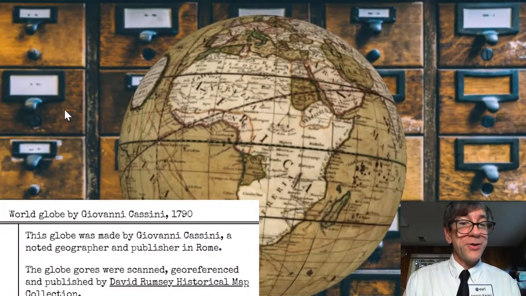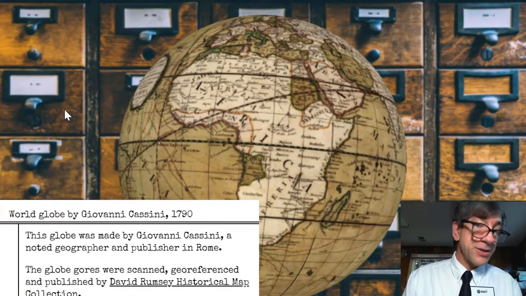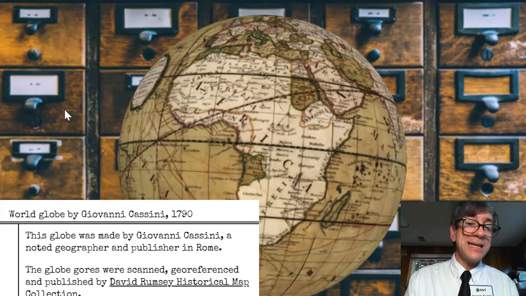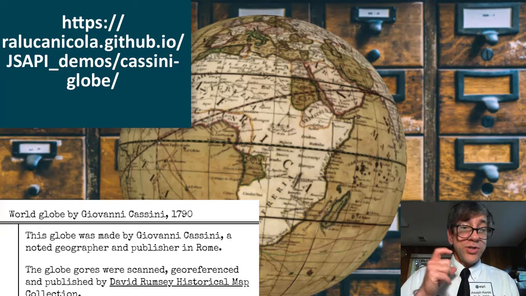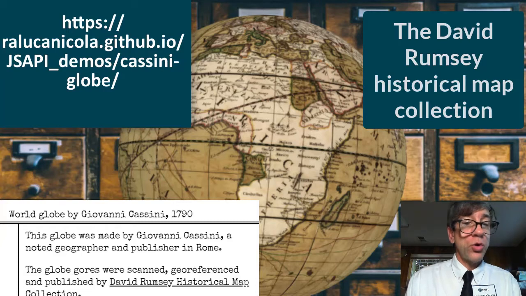As you can see here, this is a very compelling historical globe. In fact, it was made by Giovanni Cassini, a noted geographer and publisher in Rome. 1790 World Globe. Now, the globe gores were scanned, georeferenced, and published by the David Rumsey Historical Map Collection.